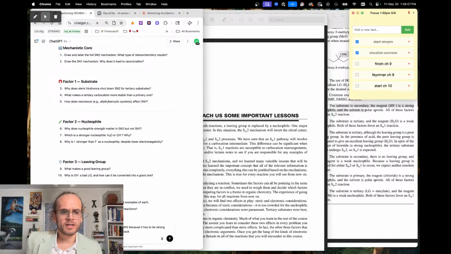But in SN1, it does not matter. The only factor that matters is the strength of the electrophilic center. It's partially why it's called SN1, because it's dependent only on one factor. And the nucleophile will be able to attack from either direction after the carbocation is created.